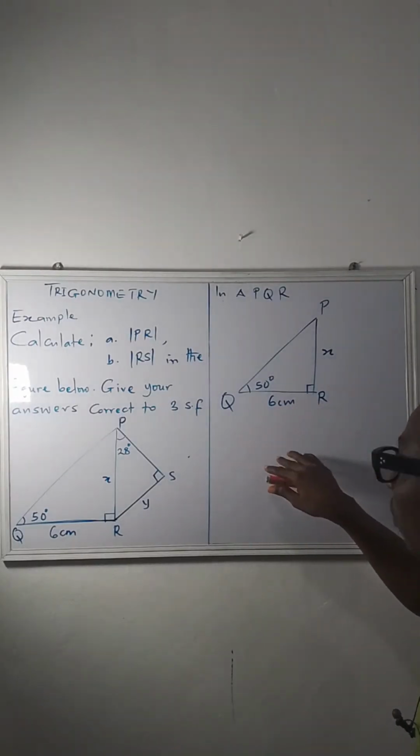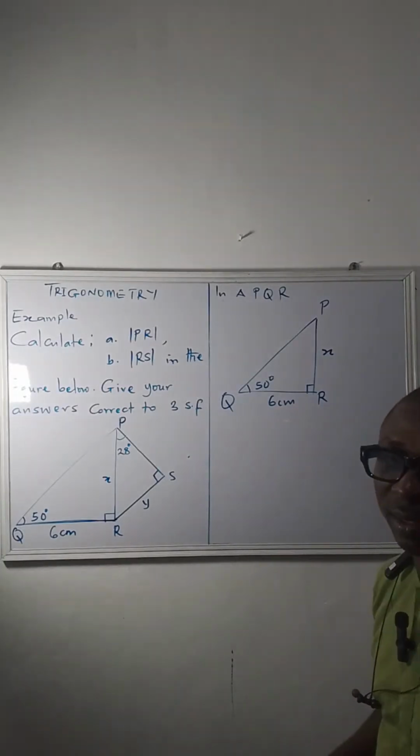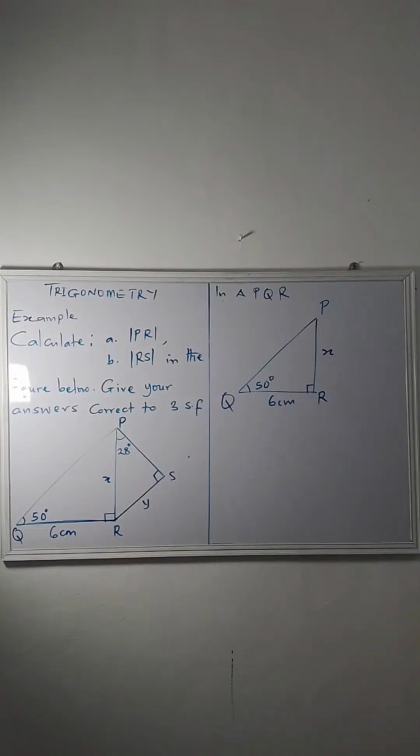Can you drop your answer in the comment section? We must know what each side represents before we are able to apply the trigonometrical ratio. Is anybody giving me the answer here? What side is x, what side is 6 centimeters?